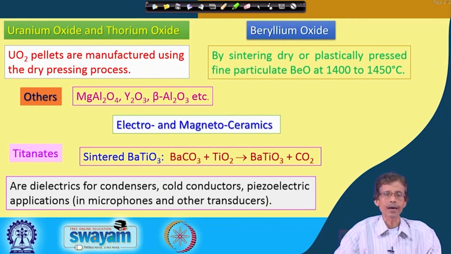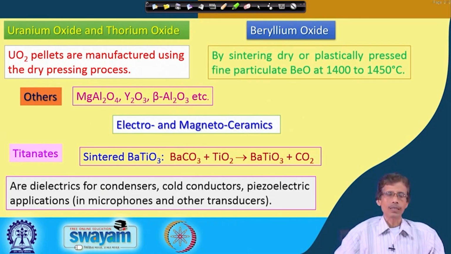These titanates are utilized for electro and magnetoceramic material, and carbon dioxide is removed. These are very useful materials in the electrical industry or the magneto-electrical industry also, because they are dielectrics for different types of condensers. For small condensers, we know that for ceiling fans we also use condensers.